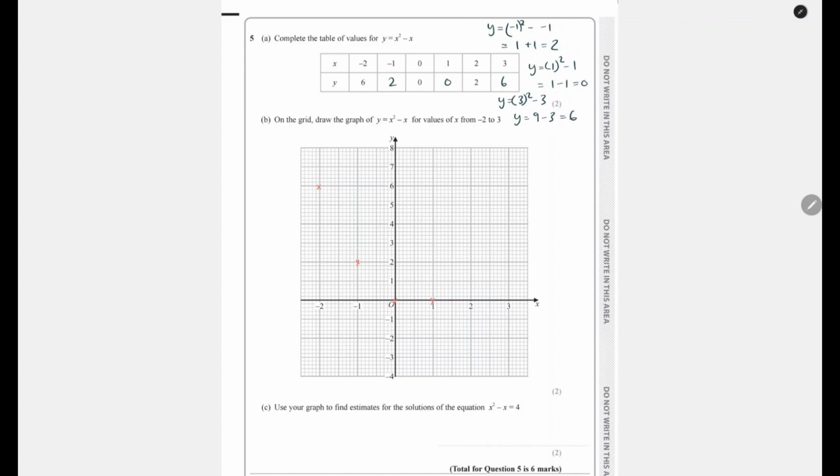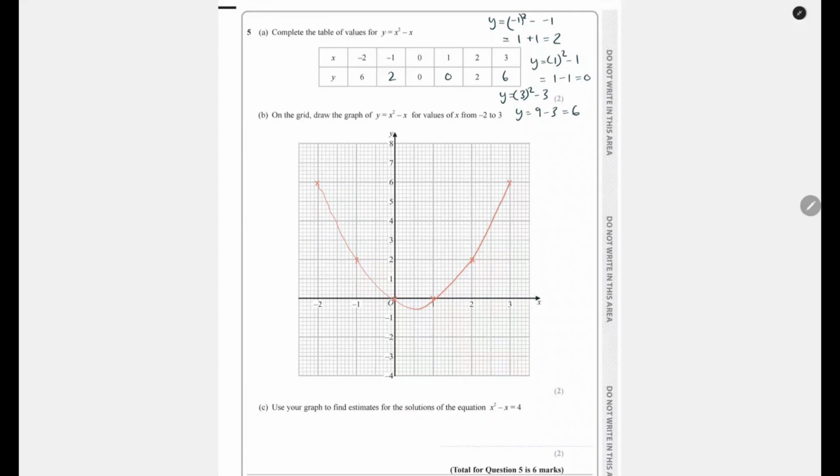X equals 2, y equals 2. And x equals 3 and y equals 6. We just have to join the dots up now. So it should look something like this.